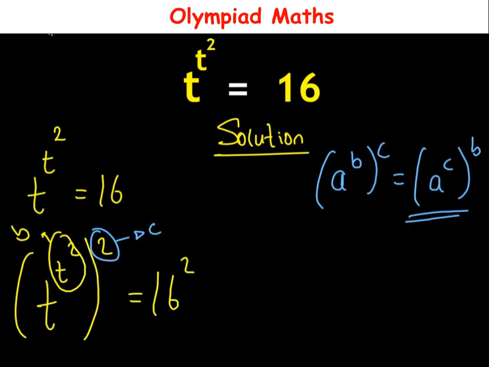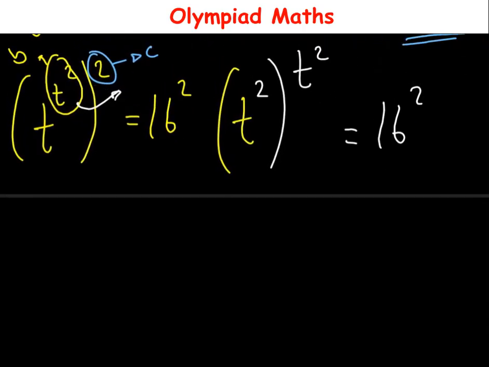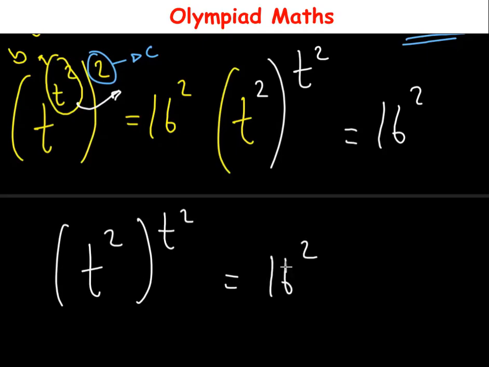So this becomes, in bracket, t, then c, which is power 2, comes inside, and power b, which is t raised to power 2, goes outside. So t raised to power 2 is all equal to 16 squared. From here, we have t raised to power 2, all power of t raised to power 2, is equal to 16 squared, right?